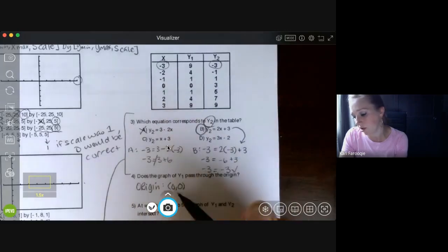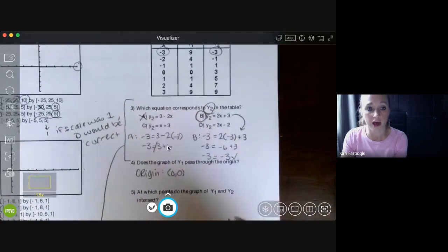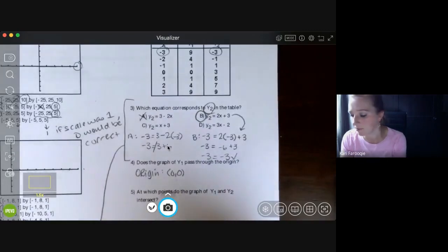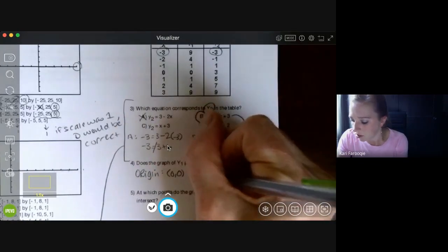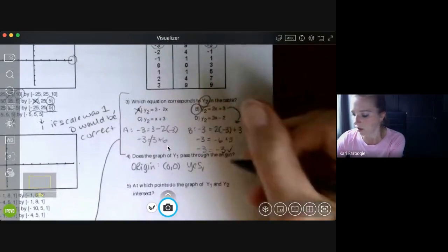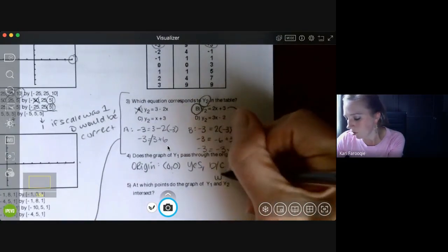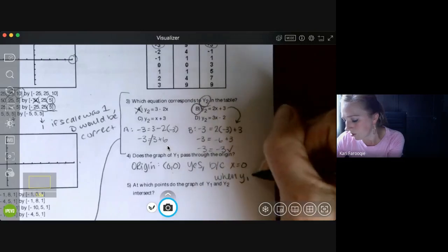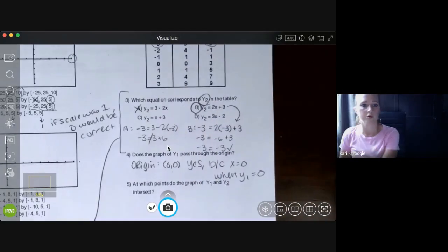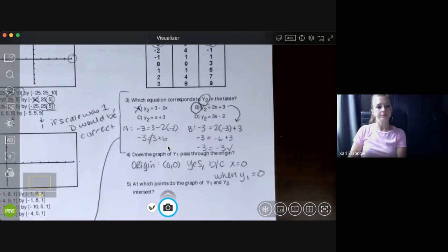That means that the point 0, 0 is on the graph of y sub 1. So we would say yes, because x equals 0 when y sub 1 equals 0. So that's how we'll know that it goes through the origin.